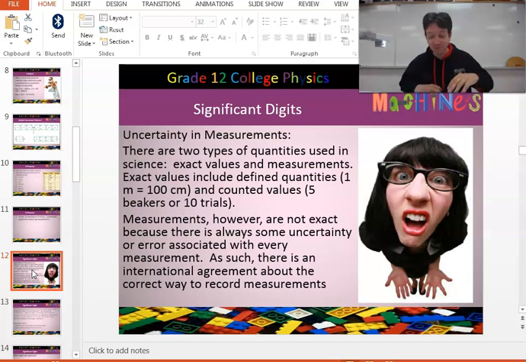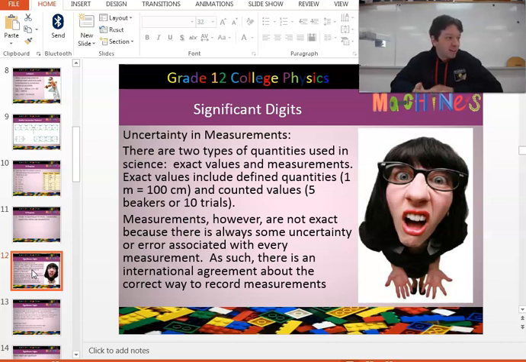All right, when we make a measurement, you take a ruler and you go to measure something. Most of the time you'll say, for example, it's 21.1, 21.2 centimeters. Well, that last digit you just estimated. It's a guess, right? It might be 21.13, but you estimated 1 or 2. Maybe it's closer to the 1, so you said 21.1.